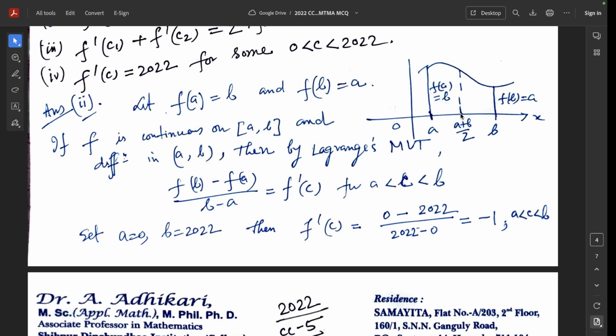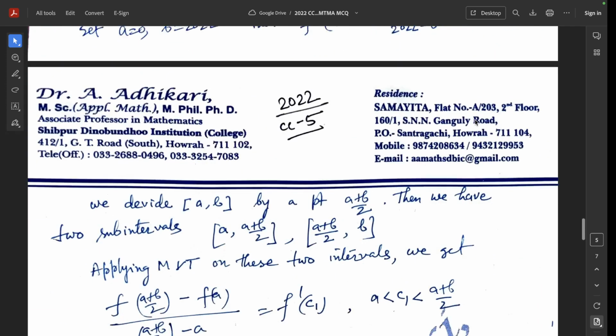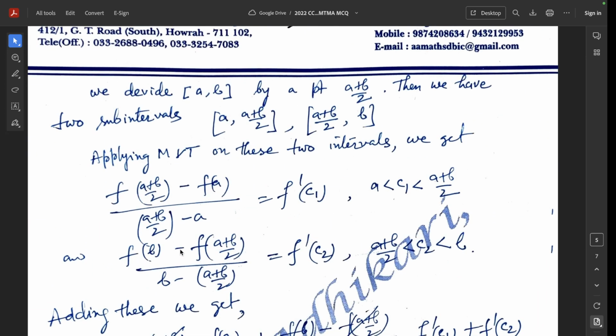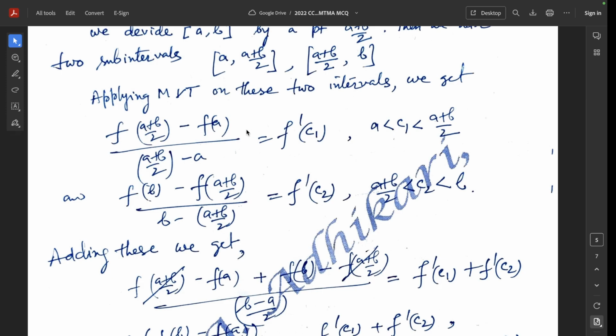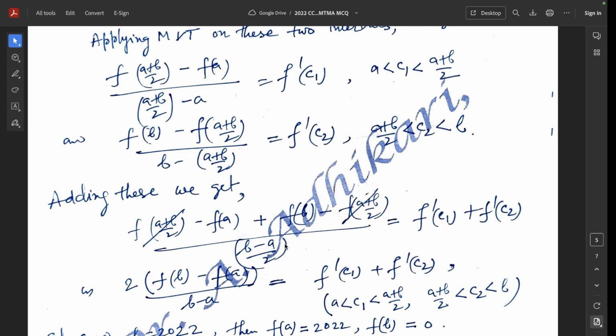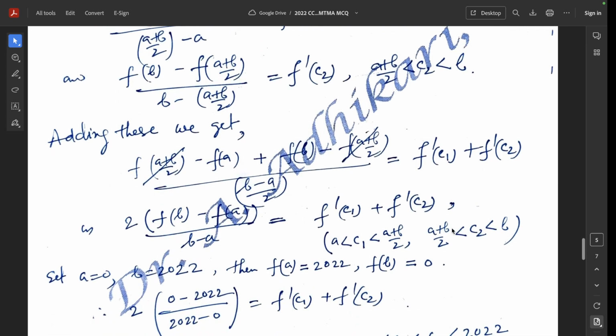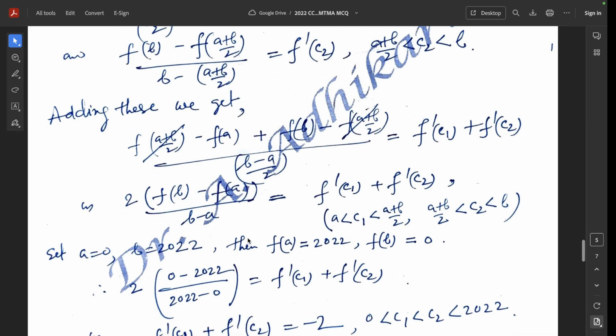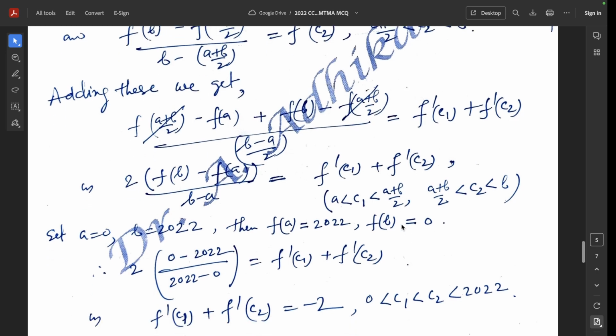C2 lies between these. For this c2, we get f(b) minus f((a plus b) by 2), divided by b minus (a plus b) by 2, is equal to f dash c2. Adding these two, this cancels, and this is equal to f dash c1 plus f dash c2. So this is equal to 2 into (f(b) minus f(a)) by (b minus a), f dash c1 plus f dash c2.